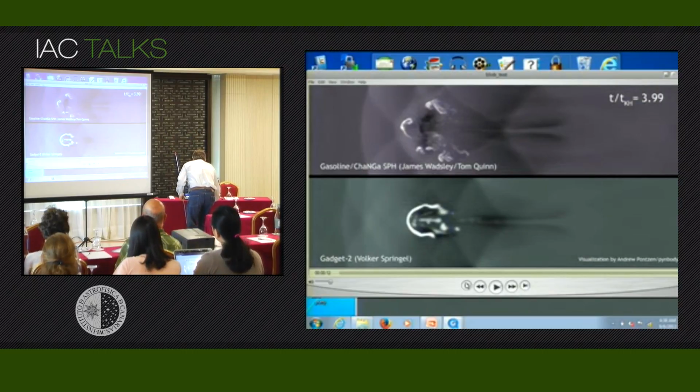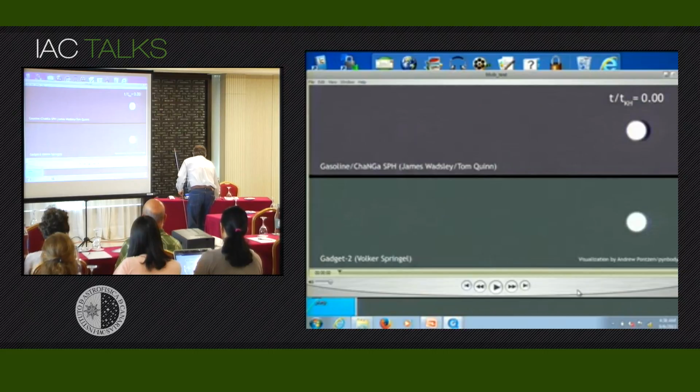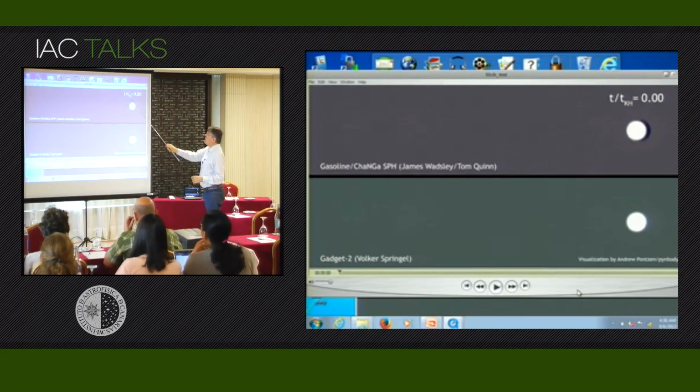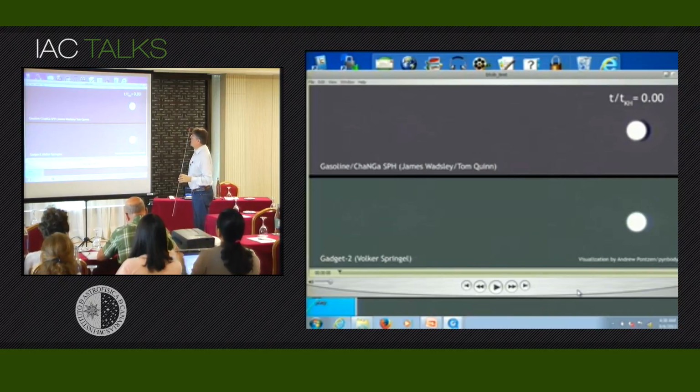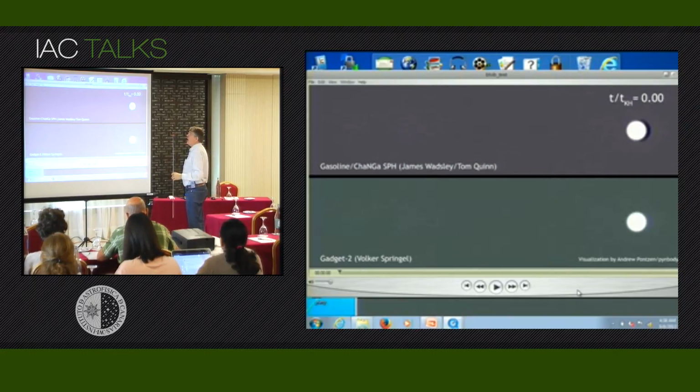So this is the original Gadget SPH simulation. I'll let you watch it right to the end and then I'll restart. This is a blob of high density gas, exactly the same conditions moving through low density gas, and the speed of the blob is supersonic.